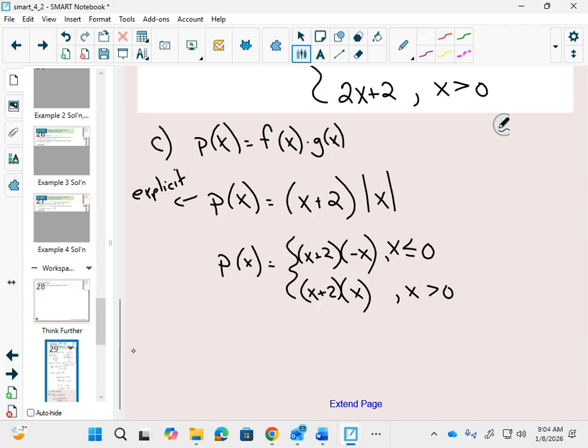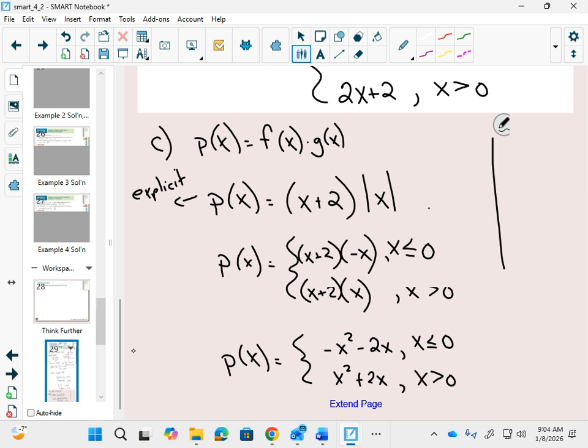I could either keep it this way, or I could multiply this out. This one will be x squared minus 2x, and this one will be x squared plus 2x, when x is less than or equal to 0, when x is bigger than 0.